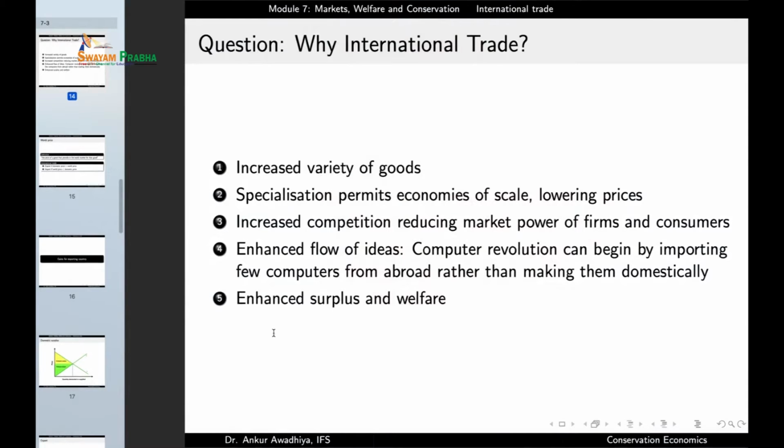And with all of these, it leads to an enhanced surplus and welfare for the people, which is ultimately what we want. Even when we are doing conservation, we are doing it for the people because conservation provides benefit to people. Similarly, international trade provides certain benefits to people, which is why we are doing international trade.